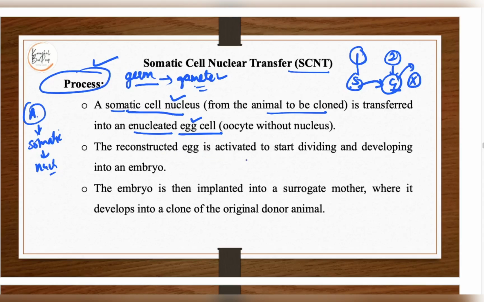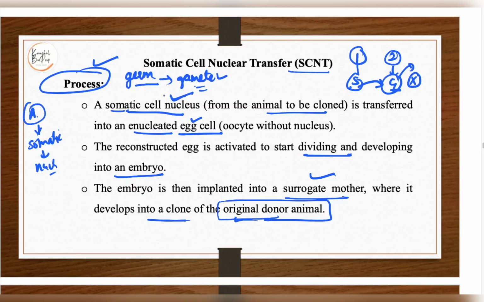The reconstructed egg is activated to start dividing and developing into an embryo. The embryo is then implanted into a surrogate mother, where it develops into a clone of the original donor animal. Why donor? Because you have taken the nucleus of that donor. Whose nucleus it is, those characters will be present in the clone.